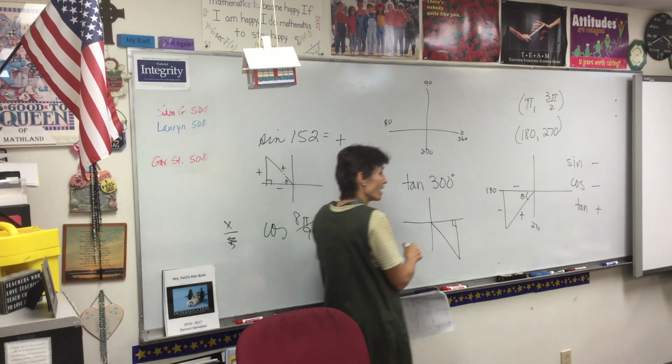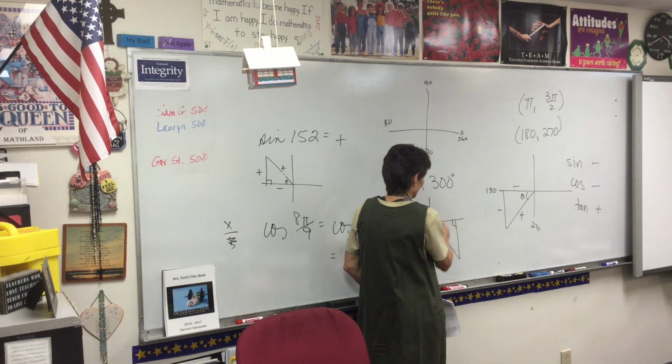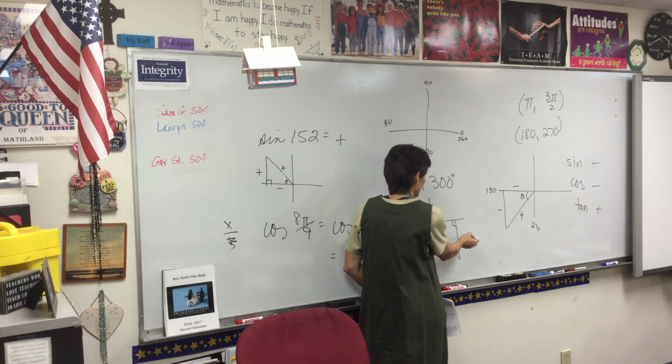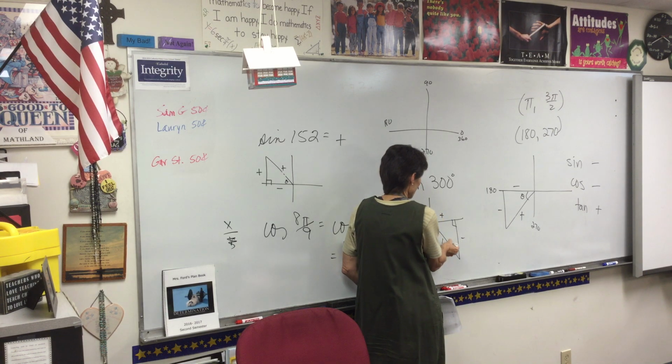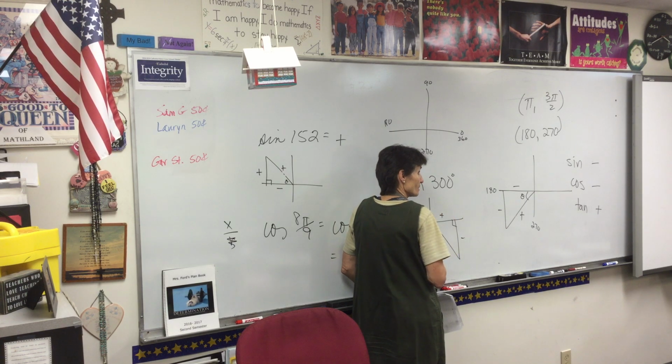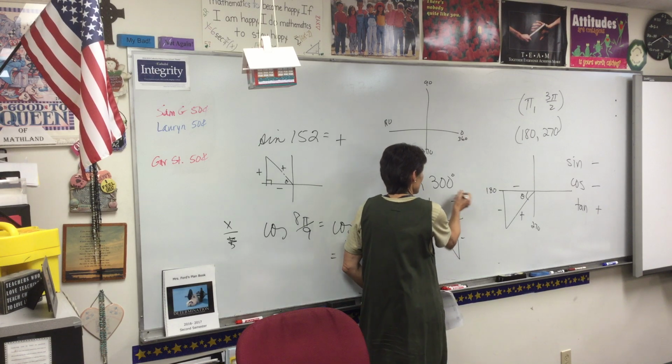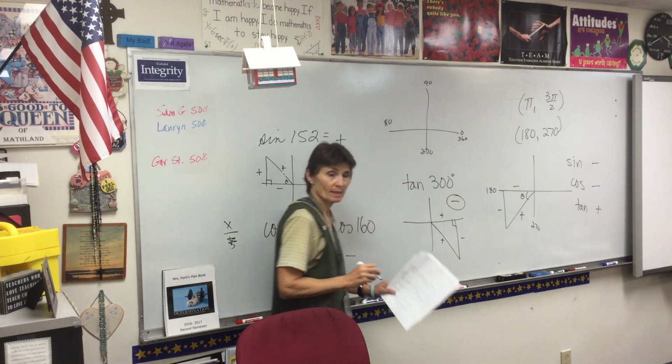So tell me about my sides. What's x? Positive. What's y? Negative. And that's positive. So I want tangent, which is y over x, or opposite over adjacent. So the tangent is going to be negative.